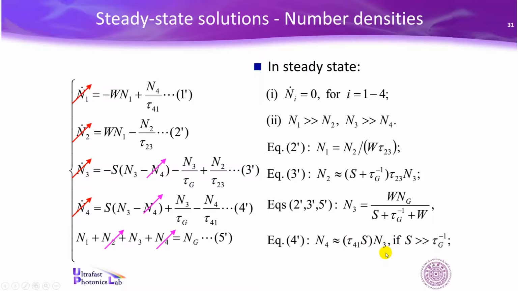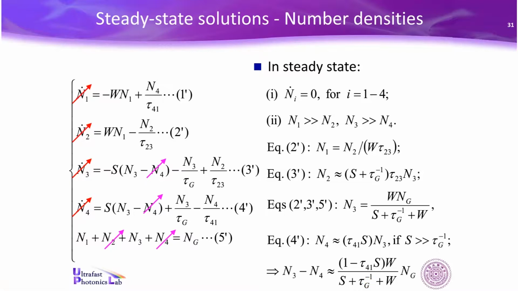Then, combining the last two results, you can write down N3 minus N4 as this formula. Basically, you have solved the difference between these two number densities. You have an analytic solution.